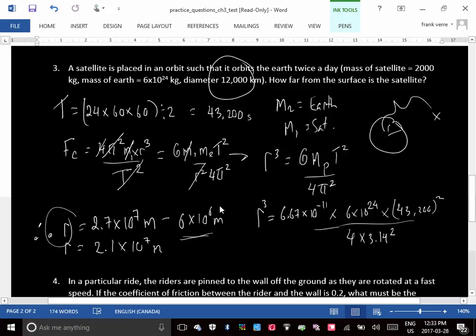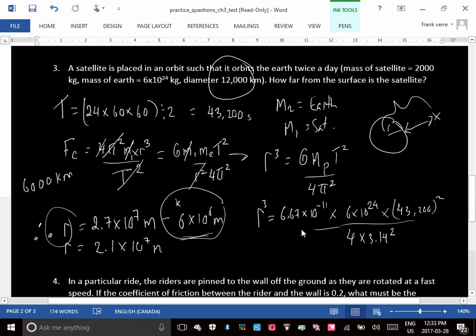So this is the radius of the Earth. If the diameter of the Earth is 12,000, the radius would be 6,000 kilometers, right? But 6,000 kilometers is the same as 6 million meters, because you're going to multiply that by 1,000. Because we want to know this distance from here to here, right?